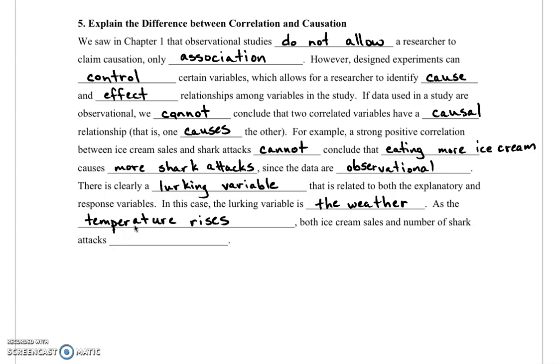If it's just observational data, then there is no way we can say that one thing causes another. So, correlation does not imply causation.